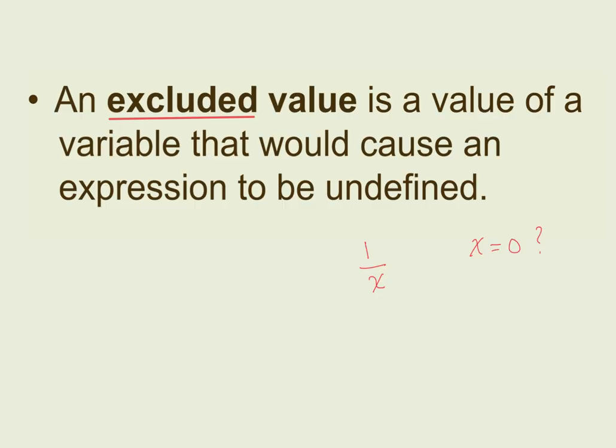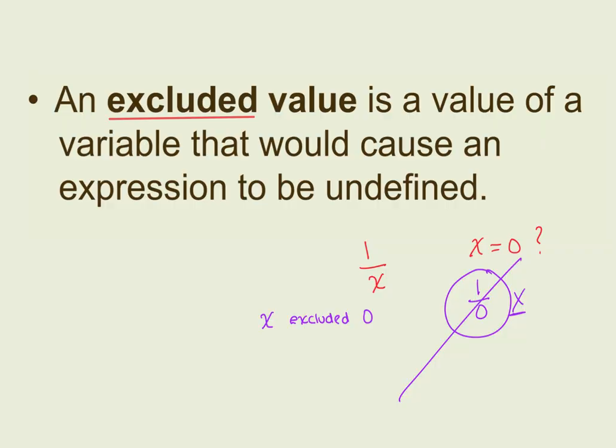Well, if x equals 0, then all of a sudden I have 1 over 0. And that is a problem for x. We can't have 1 over 0. We are not allowed to do that. And so in this particular case, x would be an excluded value if x equaled 0. So x is going to exclude 0 there.